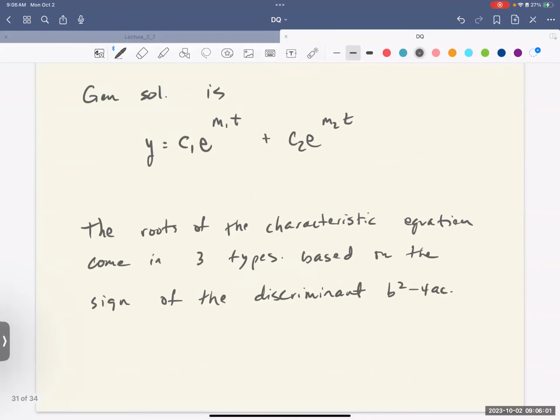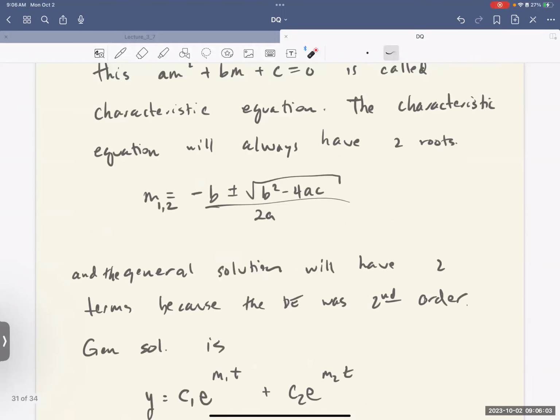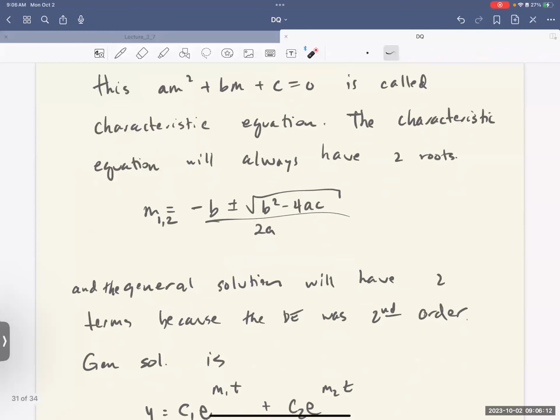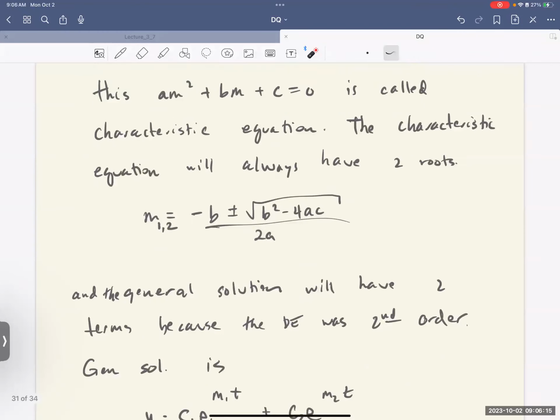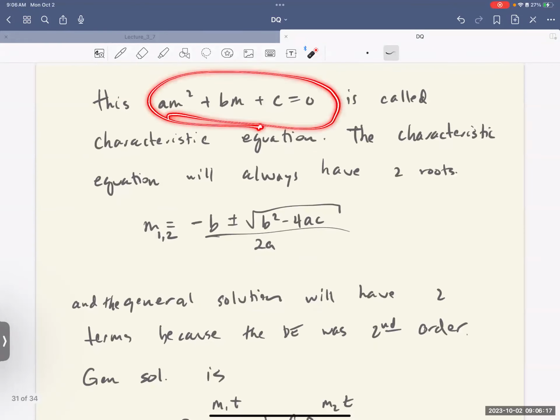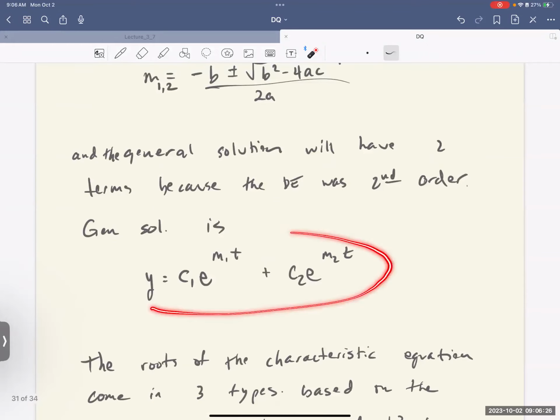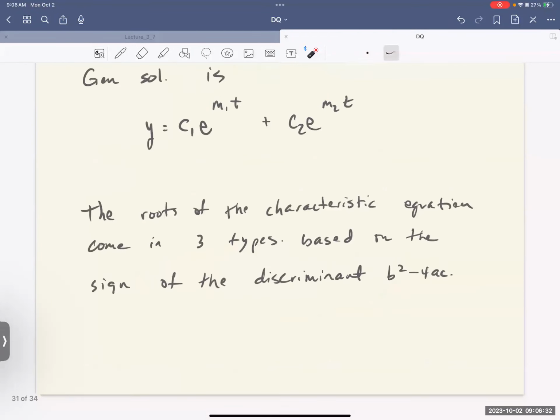All right, so we just finished saying that to solve the second order homogeneous differential equation with constant coefficients, where the right side is 0, it boils down to solving this characteristic equation. This characteristic polynomial tells us our general solution will look like this: C1 e to the m1t plus C2 e to the m2t, where these are together linearly independent.